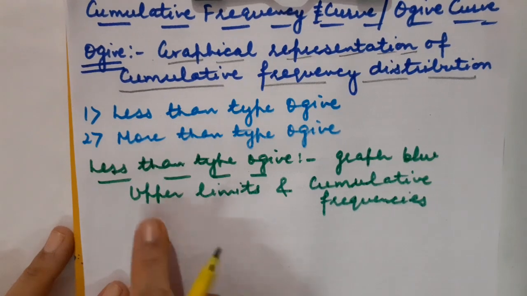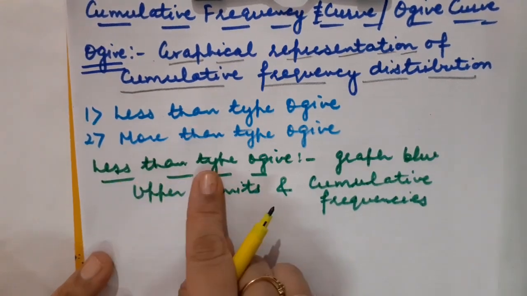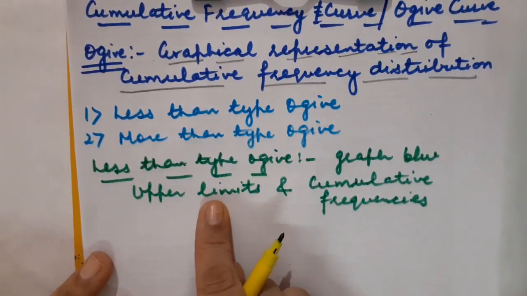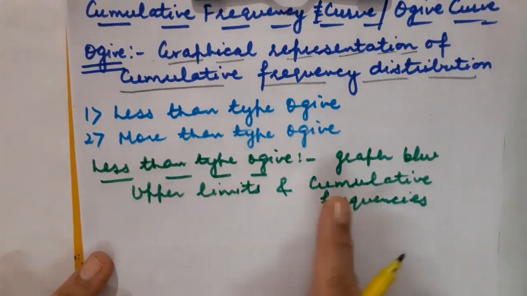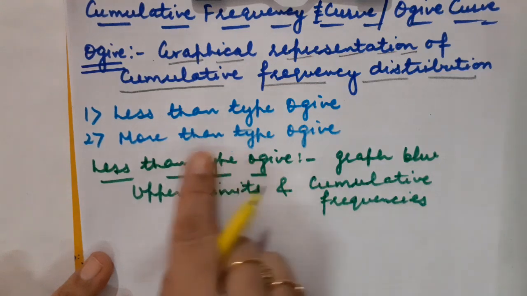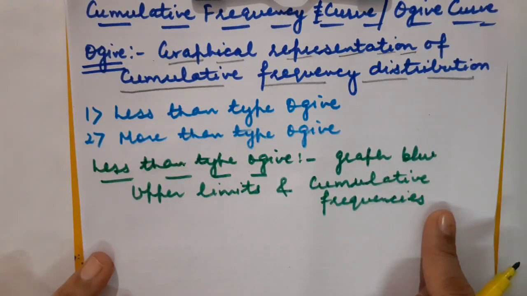Now you may be thinking, why upper limit? Do you remember when I told you that we are going to learn how to make a cumulative frequency distribution table using less than type? In that I was again and again emphasizing the upper limit. So it is nothing but a graph drawn between the upper limit and the cumulative frequencies of a distribution.